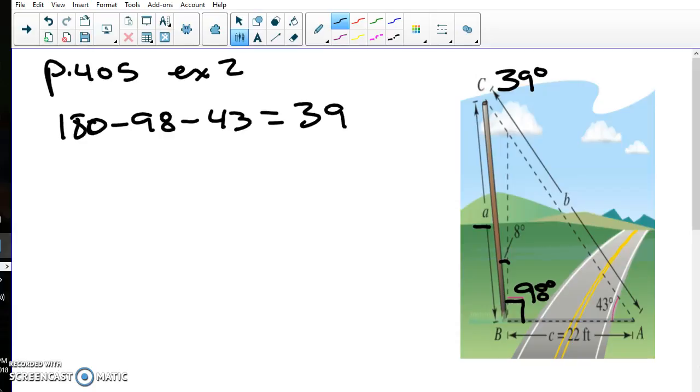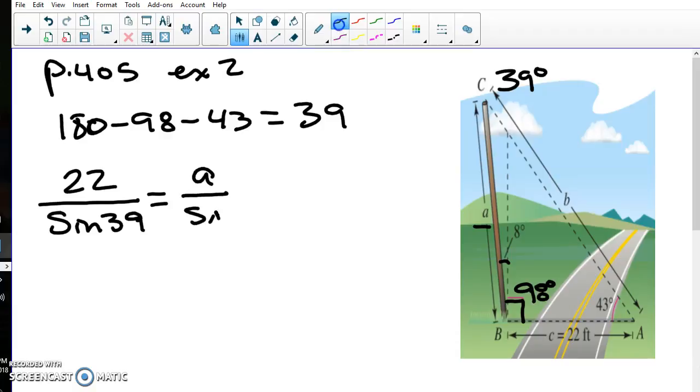So we set up using law of sines again. And we know that we have this value, the side 22, and the ratio of the sine of 39 should be equal to the side A that we're solving for and the sine of 43.